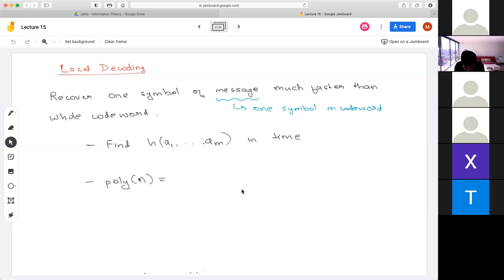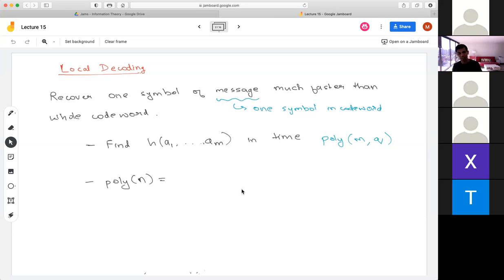And we want to find it in time which is roughly what it takes to write down the location of this symbol. So we want to find it in time polynomial in M and the size of the field.